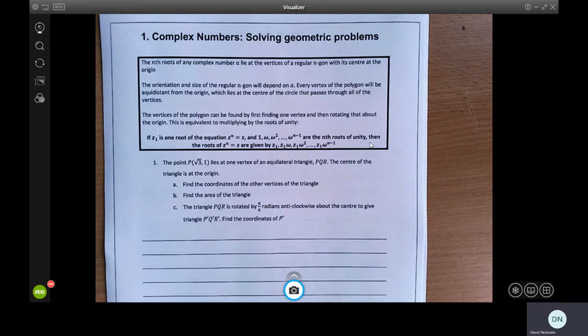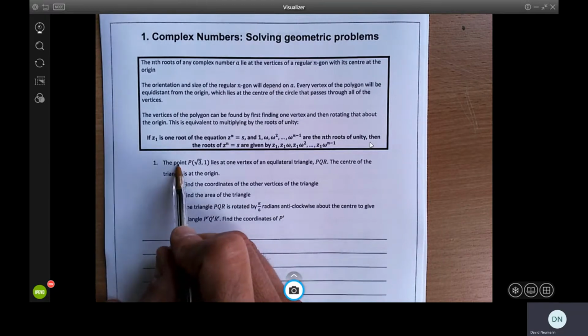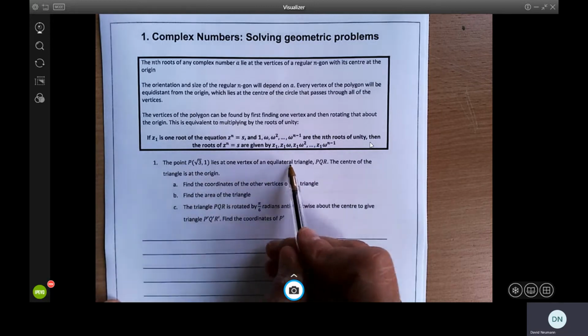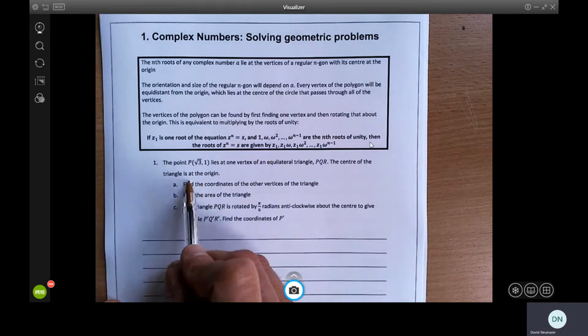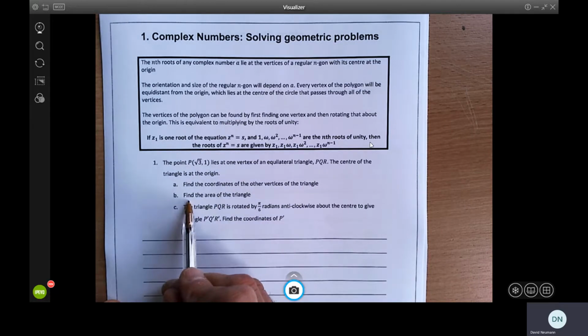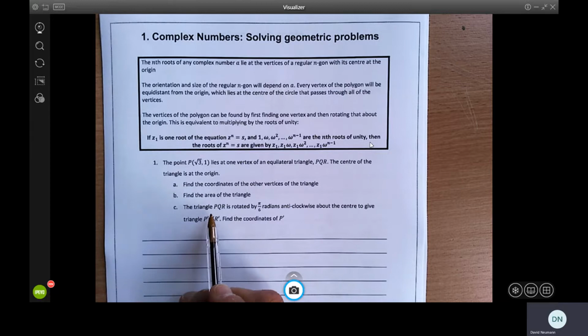So we can use that sometimes to help us with geometric problems. We've got the point root 3, 1 lies at one vertex of an equilateral triangle. We're going to find the coordinates of the other vertices and find the area of the triangle, and then we're going to look at a transformation of that as well.